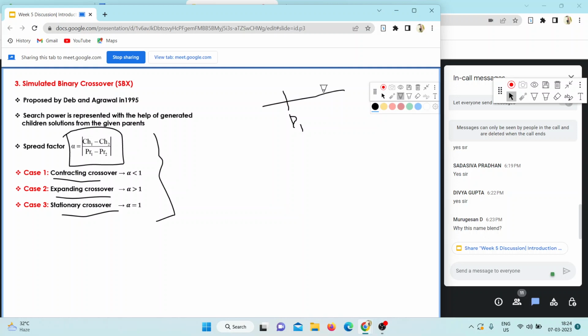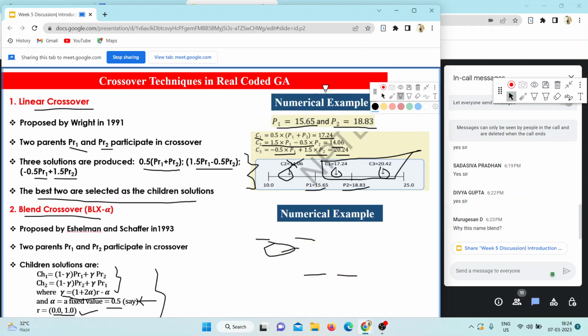Why is this named blend? Okay, blend crossover. I don't exactly know why it is called blend crossover, but I think it has to do with weights.